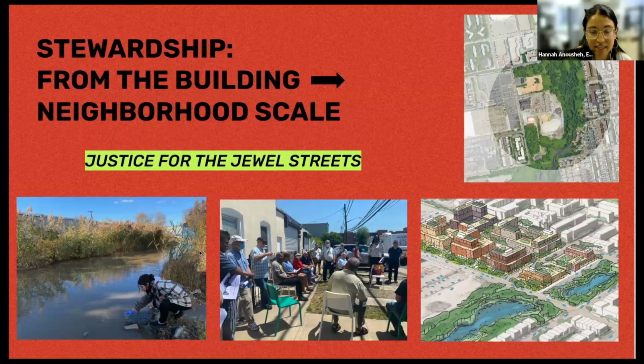But as you can see in this illustration at the bottom right, the city wants to see hundreds, if not thousands, of new units of housing on the site. So we're really working to make sure that the city is properly studying the environmental conditions on the site, and that they're going to do a really thorough remediation before any development happens.